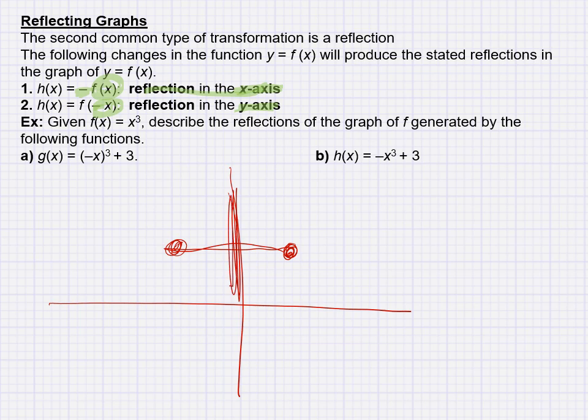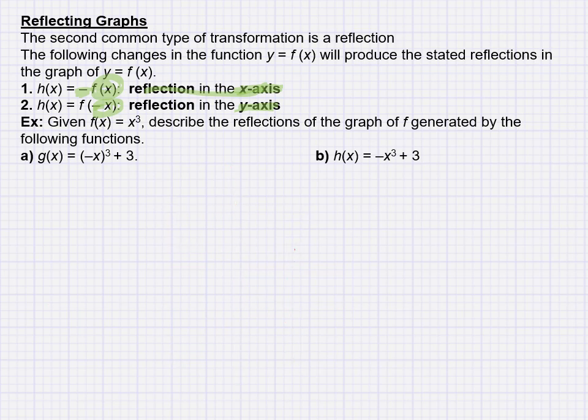If I have something that's right here and I reflect it along the x-axis, it's going to place it here, reflecting it along this x-axis as the mirror. And vice versa, if I start over here, I can reflect along the y-axis over to here. If I start over here, I can reflect along the x-axis and put it over here. Okay?